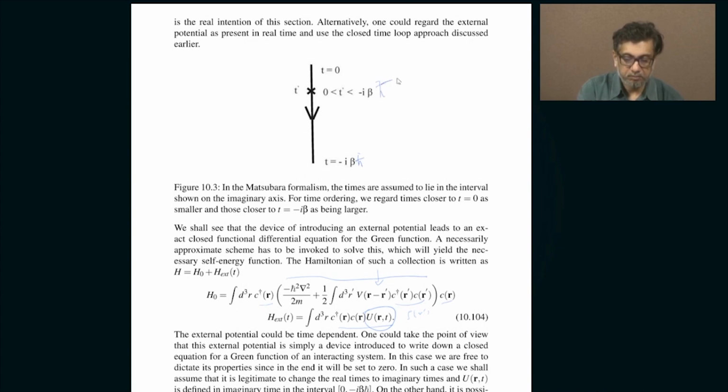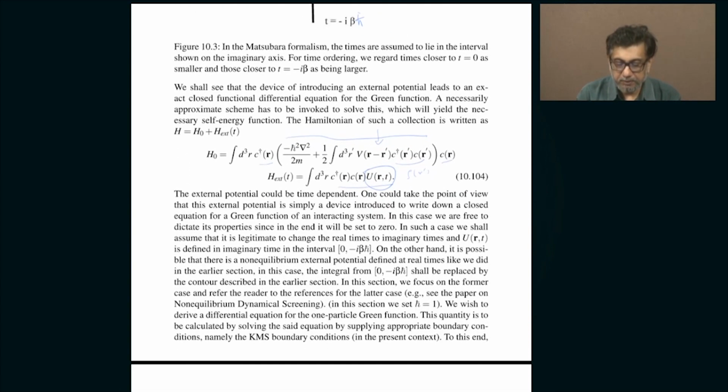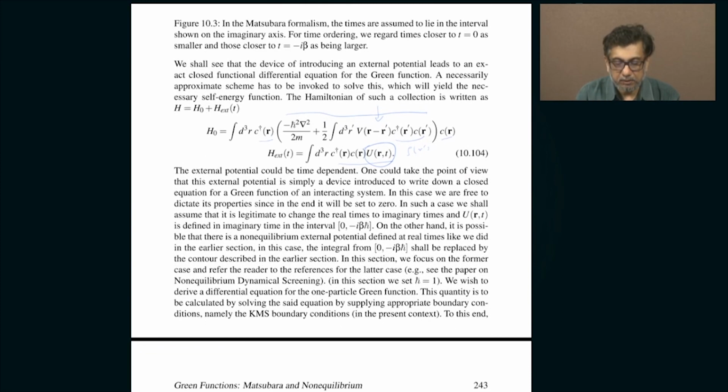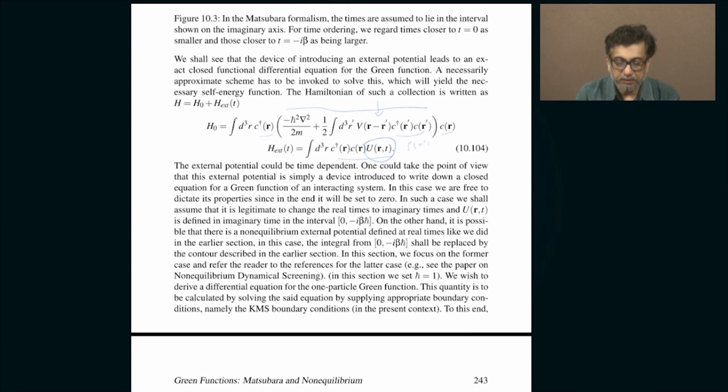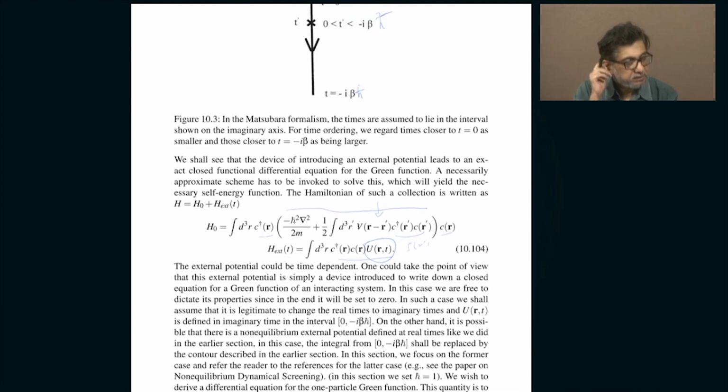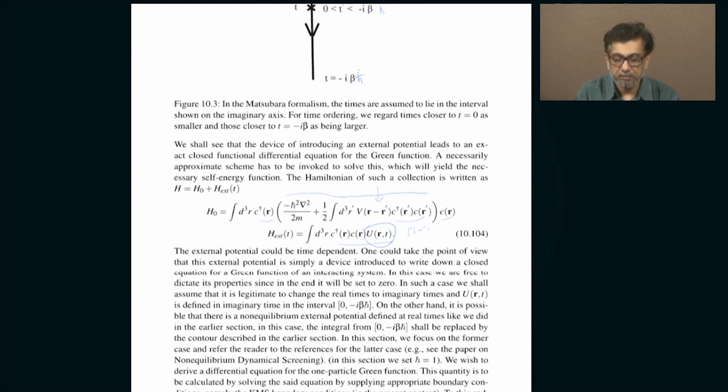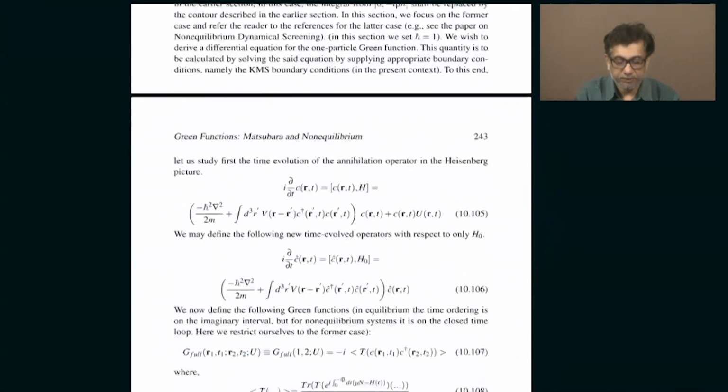Physicists have this instinctive habit of setting h bar equals 1. I occasionally slip up and forget the h bar, because in other places I have written h bar. So that's how I choose to introduce this external field, which is actually not there, but I introduce it for my convenience and I'll finally get rid of it.